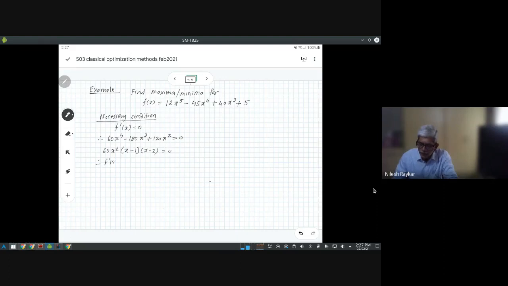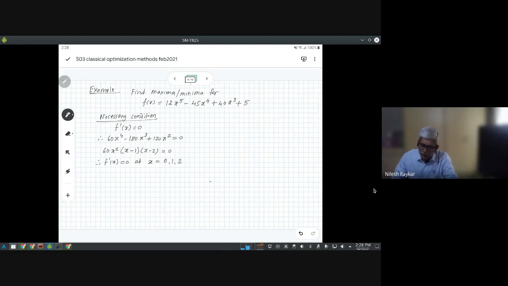So f dash x is 0 at x equal to 0, 1 and 2. So there are 3 x values, and for each of these points we have to check the sufficiency conditions. We have to check at each point whether the second derivative is 0, positive or negative. So based on that we can conclude something.